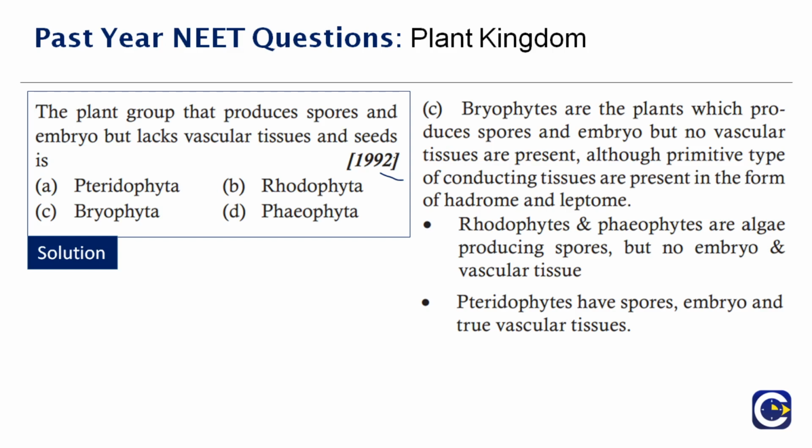Here you have options B and D, that is Rhodophyta and Phaeophyceae. They are all algae, so they will not come under plants. Pteridophyta have spores, embryo and true vascular system. So the one which lacks a vascular system but still produces an embryo is bryophytes. The correct answer is option C, Bryophyta.